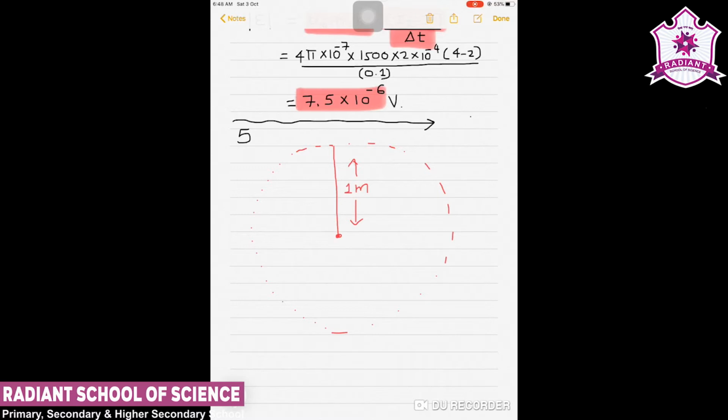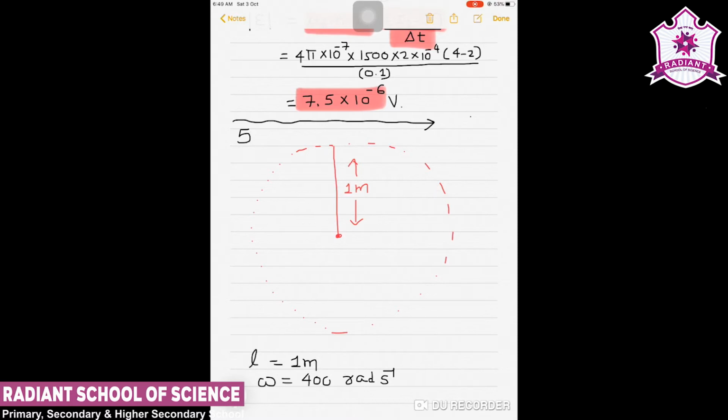So we can put it here, that is length is 1 meter, frequency is 400 radian per second. Then it rotates about an axis normal to the rod passing through its one end, and the other end of the rod is in contact with a circular metallic ring.